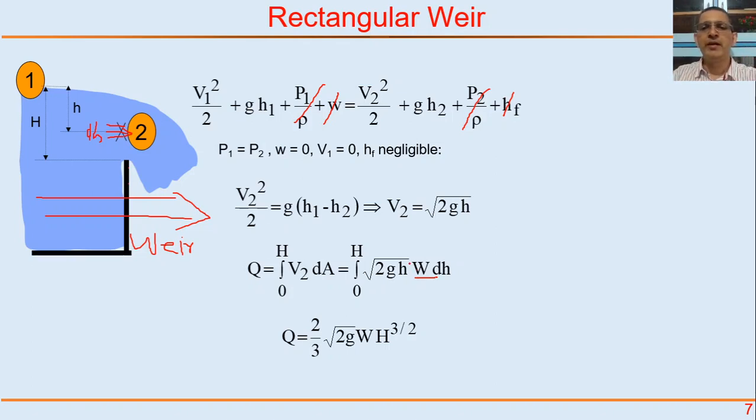So w into dh is the area, differential area of this element multiplied by velocity, and I have to integrate that from 0 to h, and then you will find that the flow rate is given by this formula. Derive it for yourself.